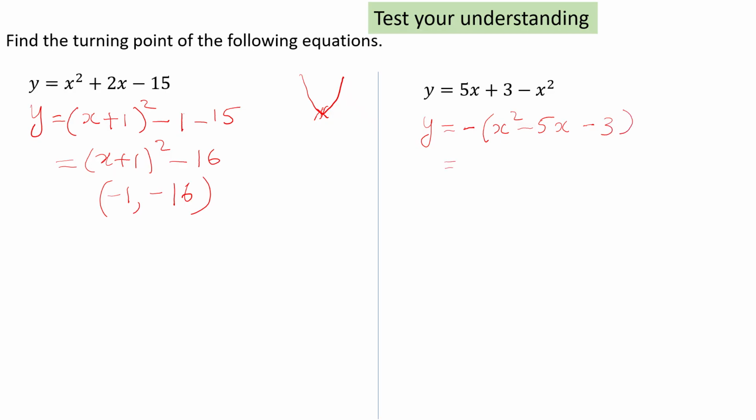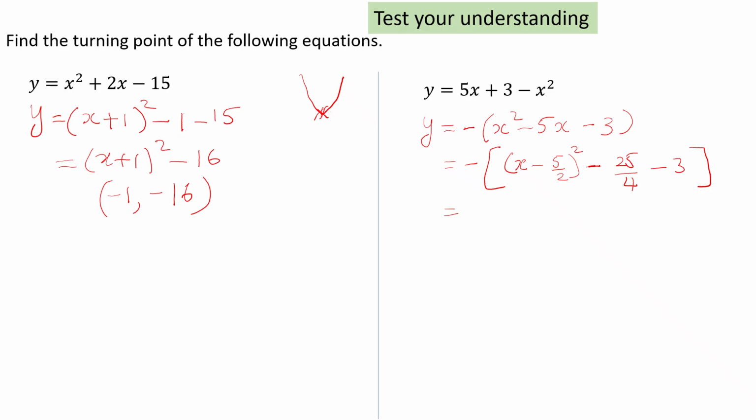Now I'm going to complete the square: (x minus half of 5, which is 5 over 2) squared, and take away 5 over 2 squared, which is 25 over 4.